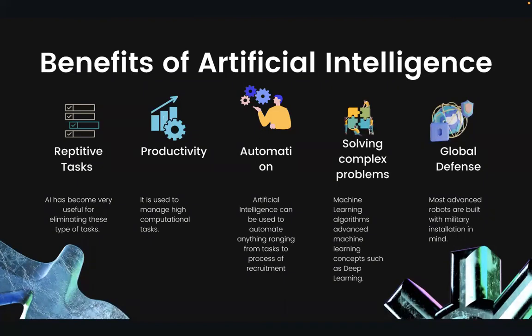Hi everyone. When it comes to the benefits of artificial intelligence, there is the removal of repetitive tasks. AI has become very useful in this, and this has led to an increase in productivity, where humans are now able to focus on more strategic and high-level tasks.